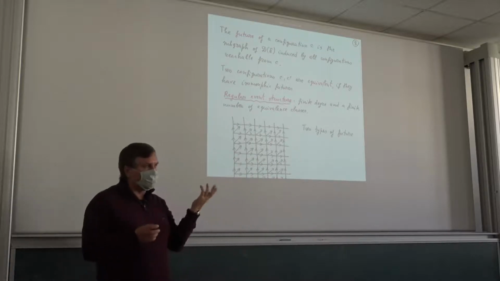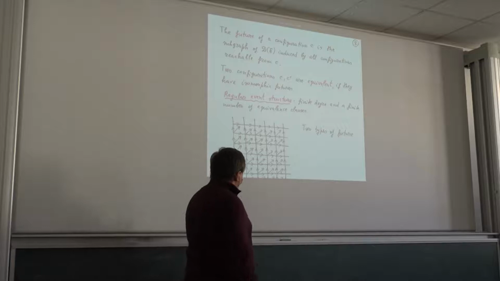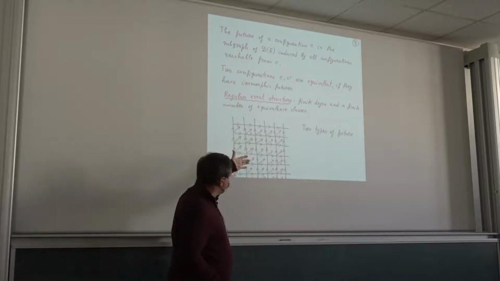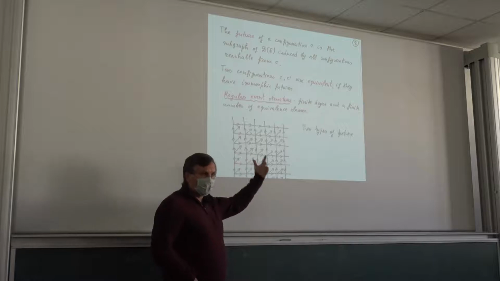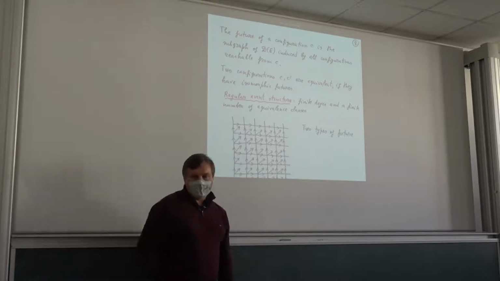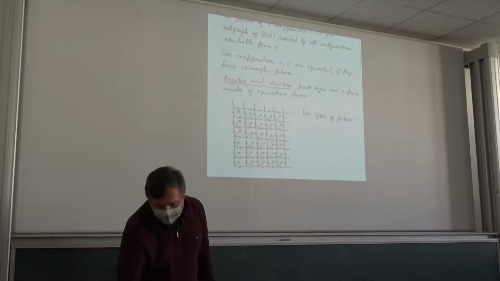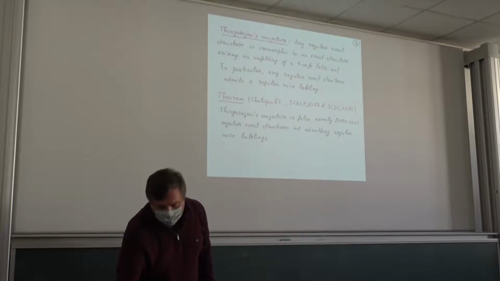A regular event structure is a structure for which you have just a finite number of isomorphism types of futures. And now you can also color, you can label.